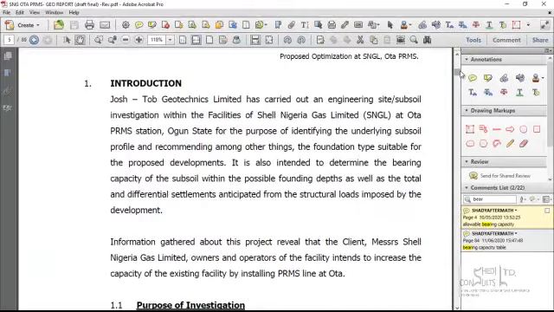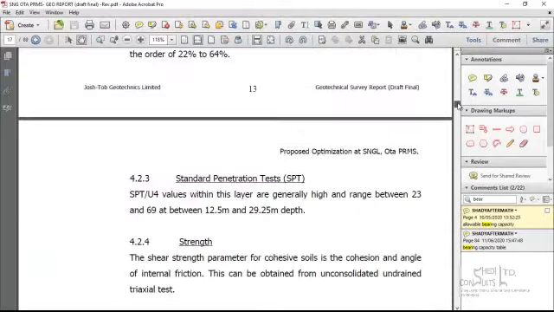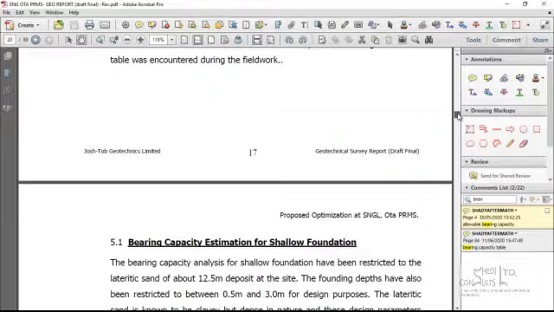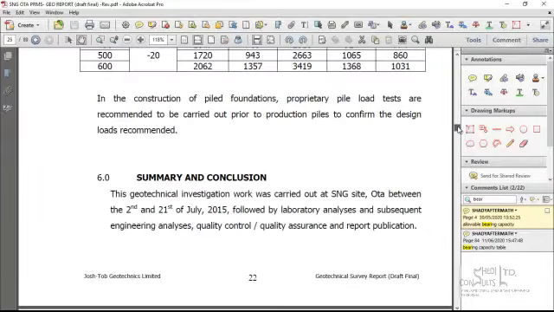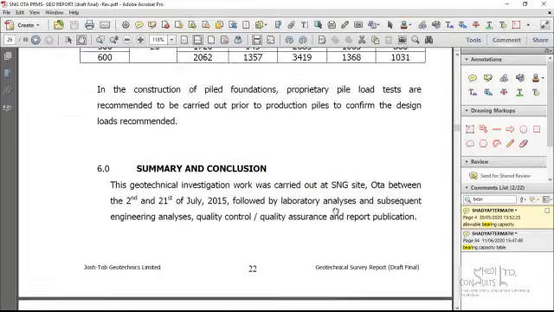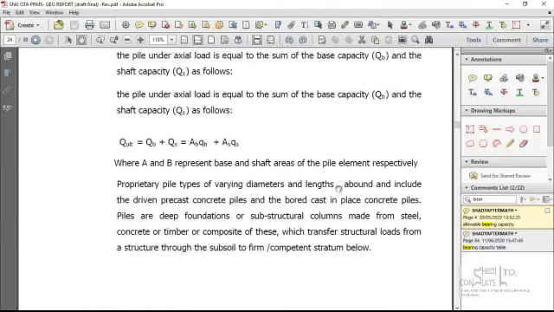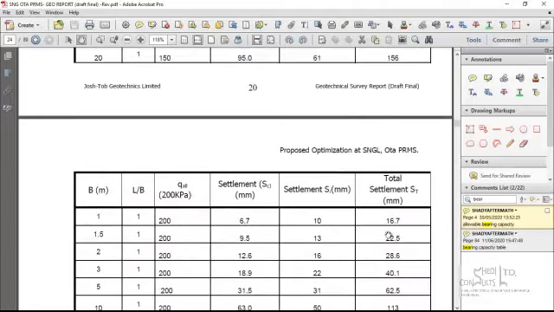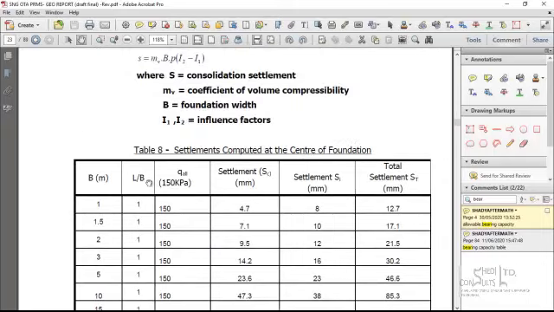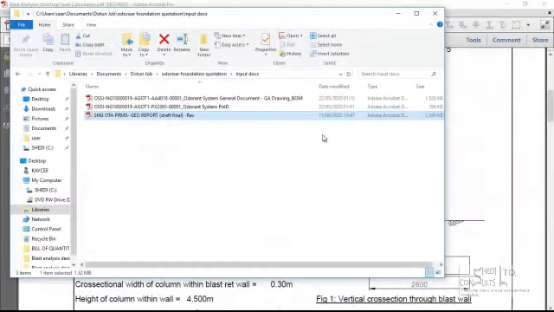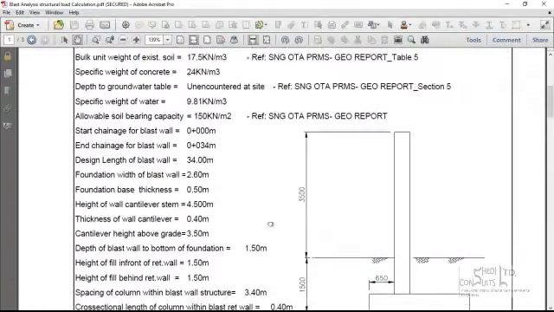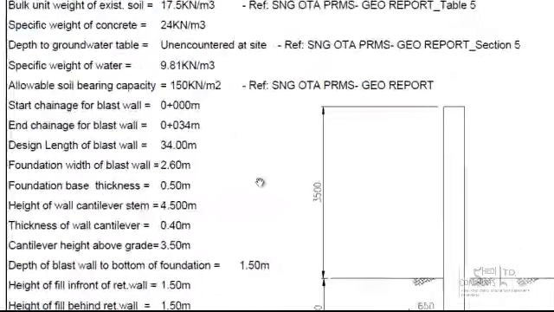The calculation of the allowable capacity of the soils for different depths was provided in the appendix. So I reviewed this report myself, and then I verified the accuracy and the correctness of the parameters that were specified. Settlement was also calculated and so on. So this was what was used in obtaining the geo information which was used in the design.